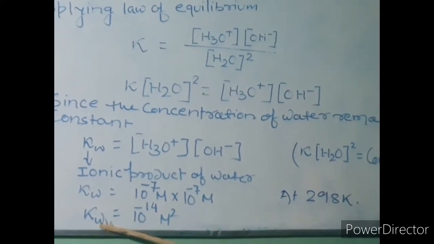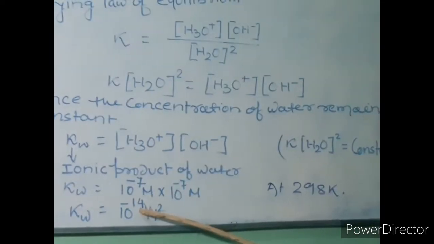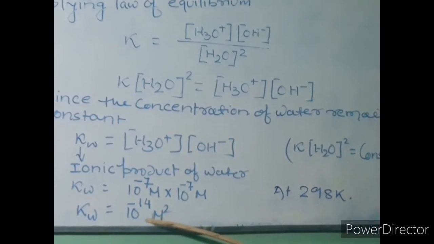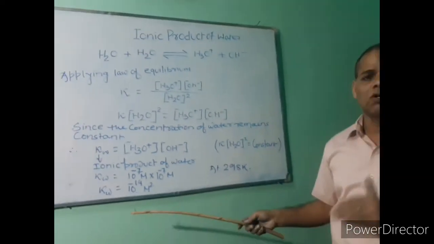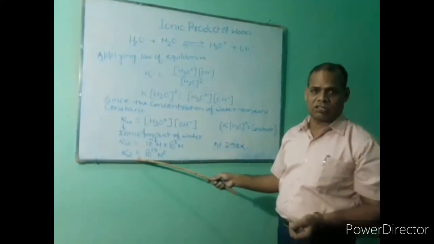So the ionic product of water is equal to 10 to the power minus 14 molarity square. This information is very important while solving numericals based on pH.